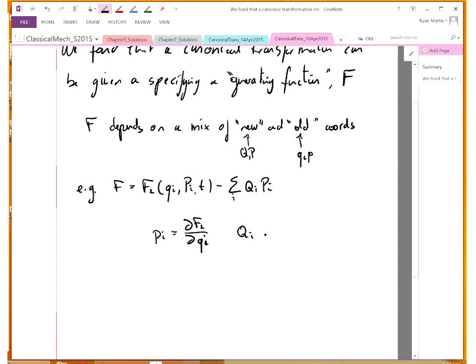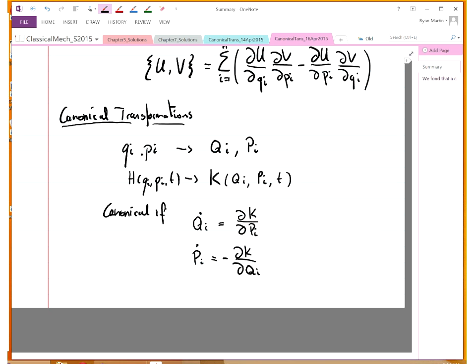And for a transformation of the second type, we saw that the transformation equations were that lowercase pi is dF2 by dqi, and that the capital Qi was given by dF2 by d capital Pi.